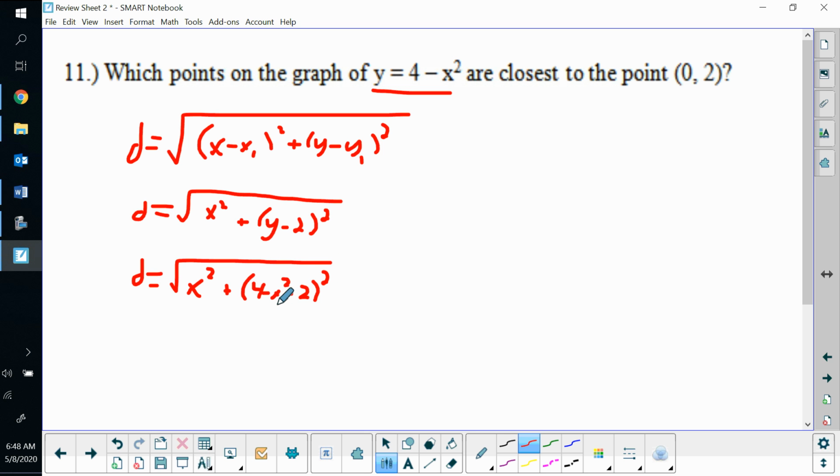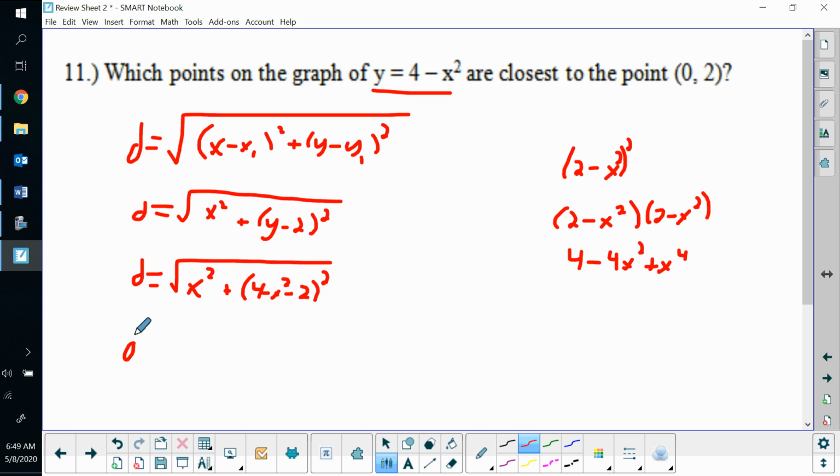And if we neaten that up, that parenthesis is really going to be 2 minus x squared, all squared. So if we FOIL that out, we'll end up getting 4 minus 4x squared plus x to the fourth.